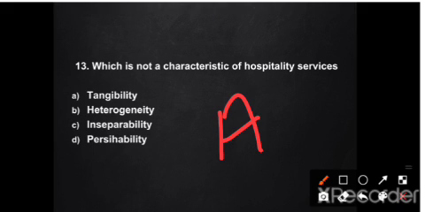Hospitality service is not tangible. Again, it cannot be seen, touched or made. The rest of the three options are characteristics of hospitality services. These questions are from the market segment of the hospitality sector.